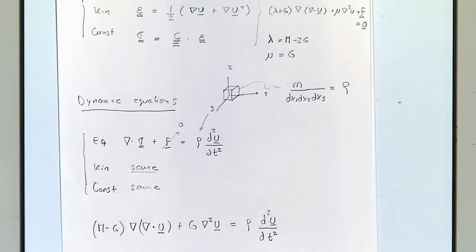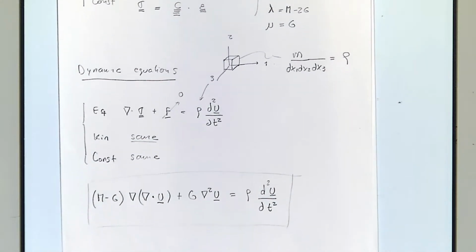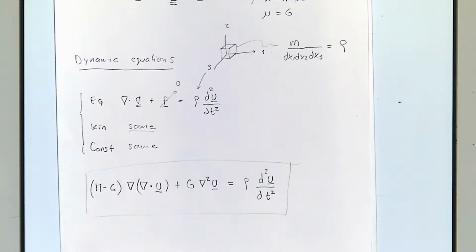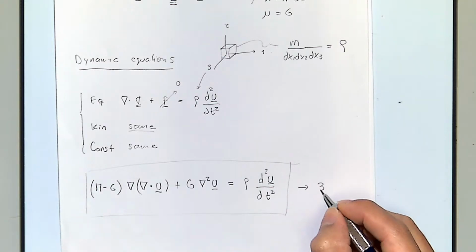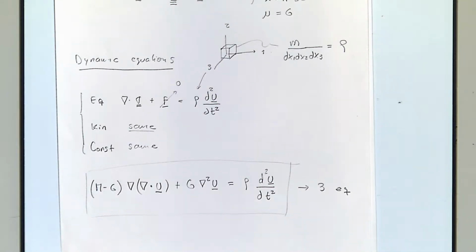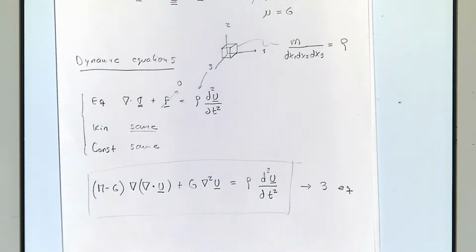And remember that now this equation, which is the Navier equation for considering inertial forces, these are 3 equations, okay? Remember that we have displacement in 3 directions, so those are 3 equations. But now we are using this vectorial notation, so we just write one line, but those are 3 equations.